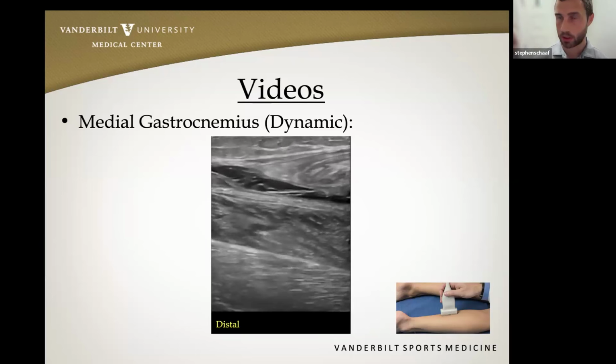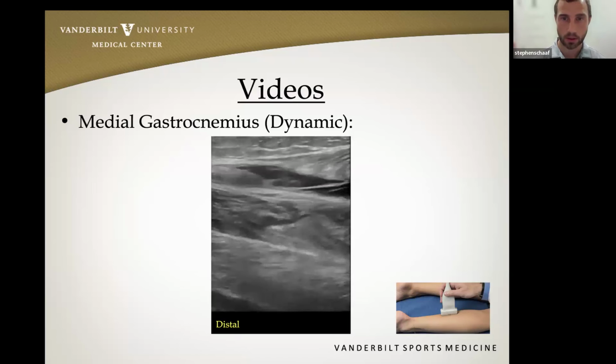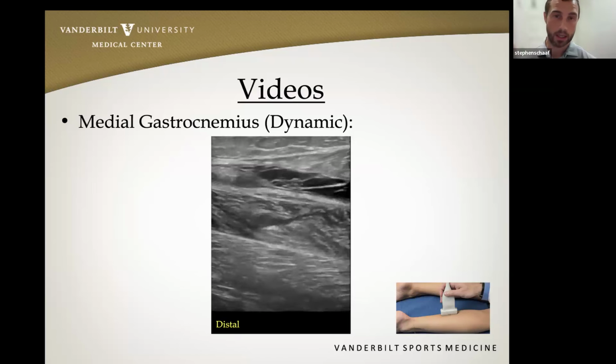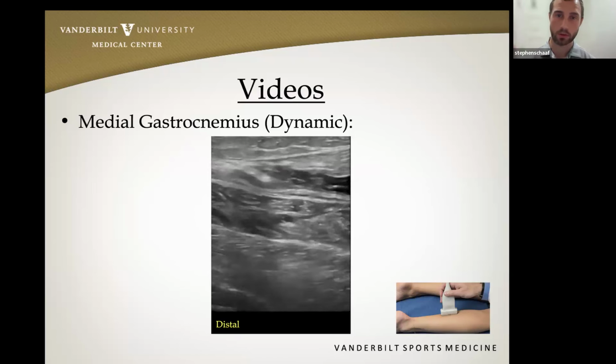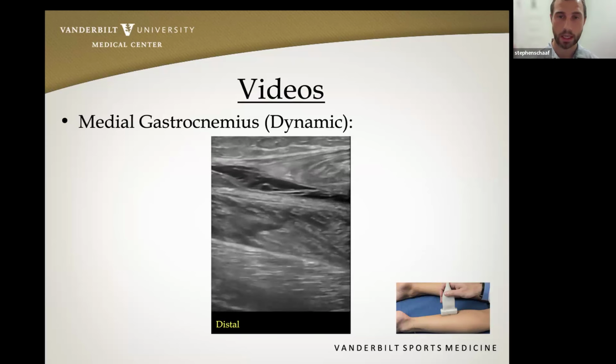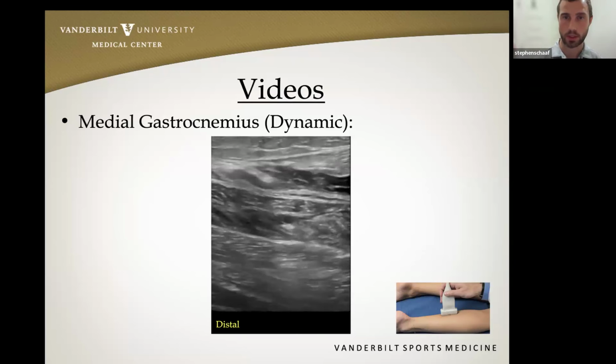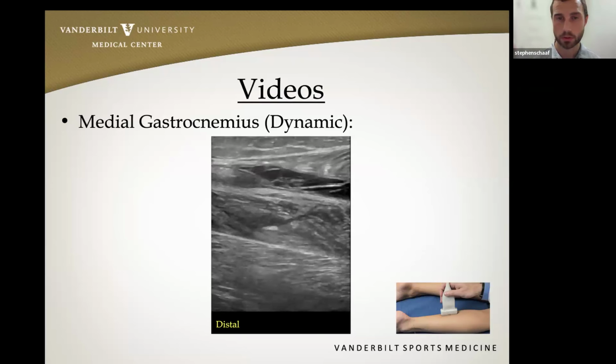For this patient, they're going to be lying prone, and as I'd mentioned, typically their feet are going to be hanging off the bed. I'm going to be moving them passively into dorsiflexion and plantar flexion. The key here is that we're focusing on the end portion of the medial gastrocnemius muscle as it's going into the free gastroc aponeurosis, which we had mentioned is going to be void of muscle tissue.